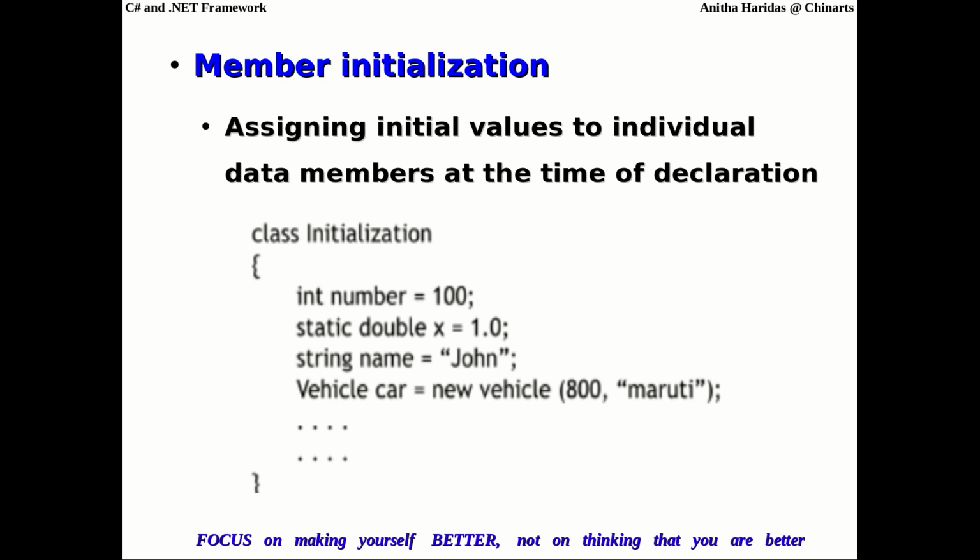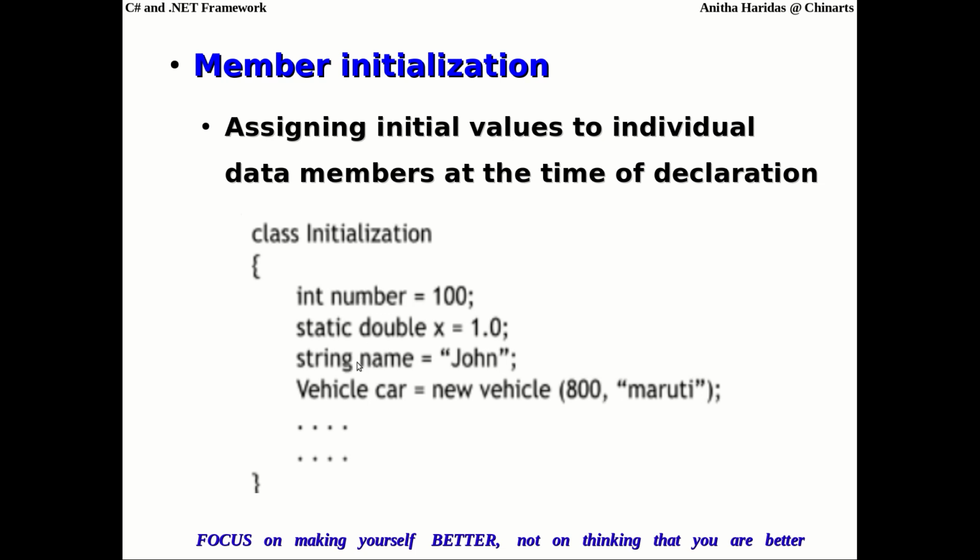For integer it is going to be 0, for double 0.0, for float 0.0f, for boolean it is going to be false. Like that we have seen the list of default values for the different data types. So if you have not initialized inside the class definition, automatically this variable will get the default value.